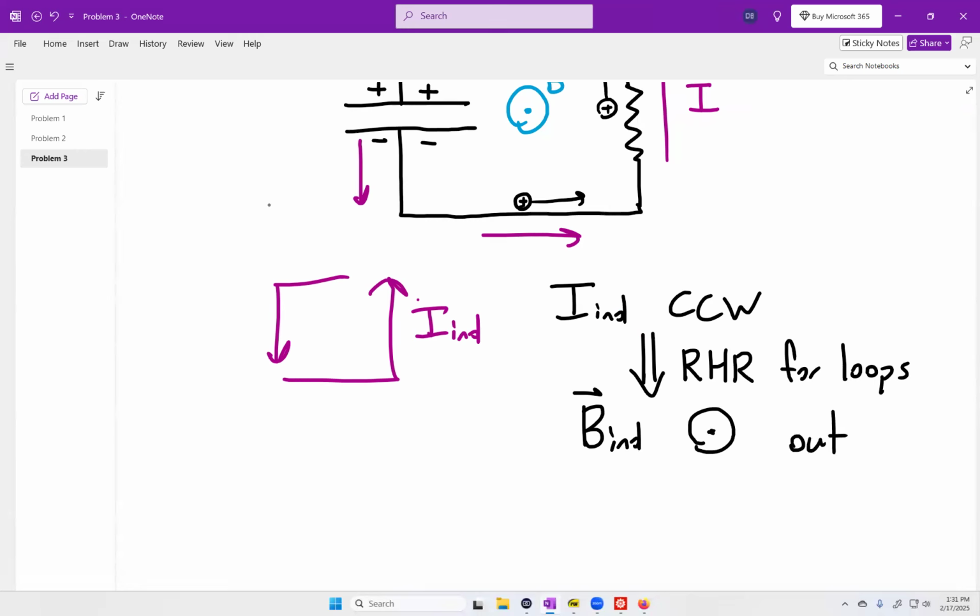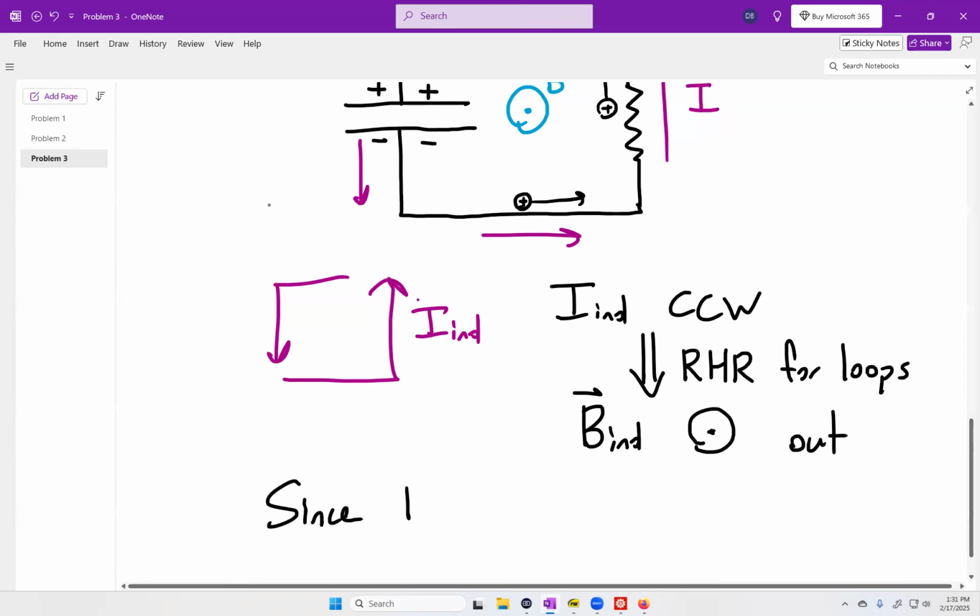So our induced magnetic field is out of the page. Our initial magnetic field is also out of the page. And in order to get an induced field in the same direction as our initial field, we need the field strength to be decreasing, because Lenz's law tells us that this current is trying to compensate for the decrease in the magnetic field by producing an induced field in the same direction.